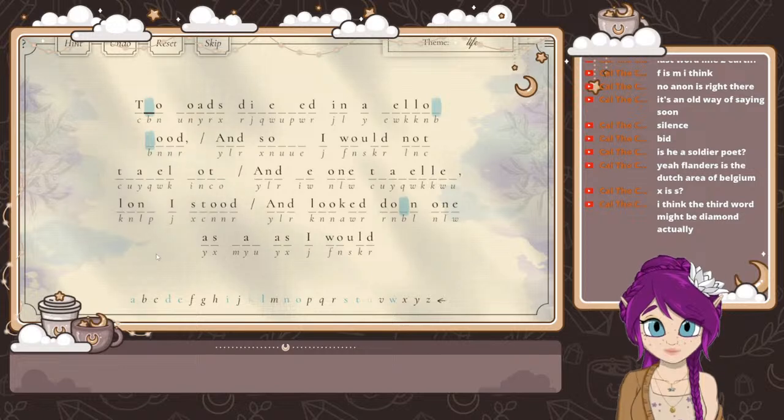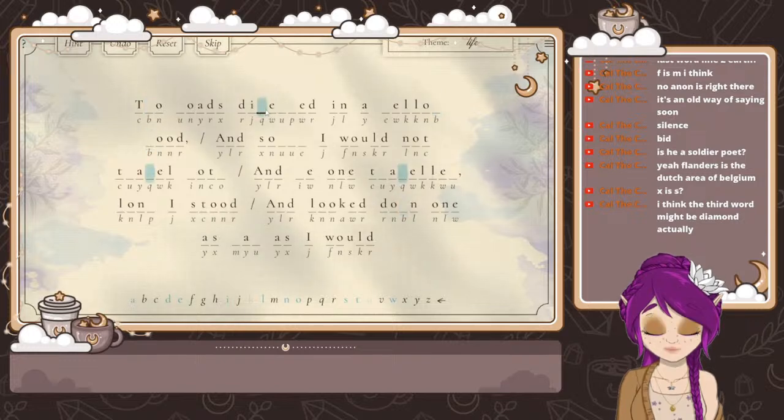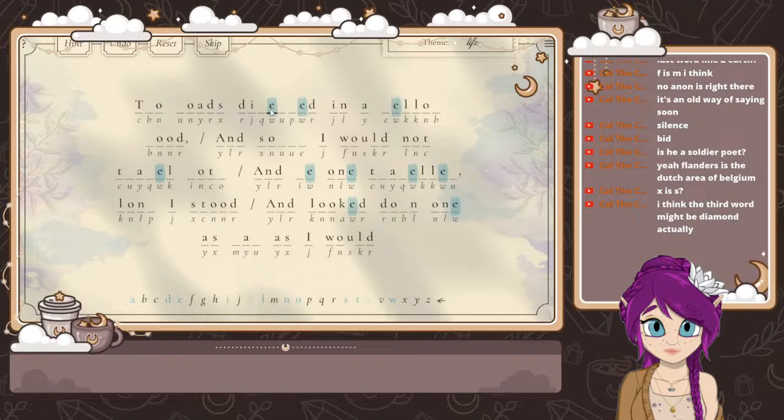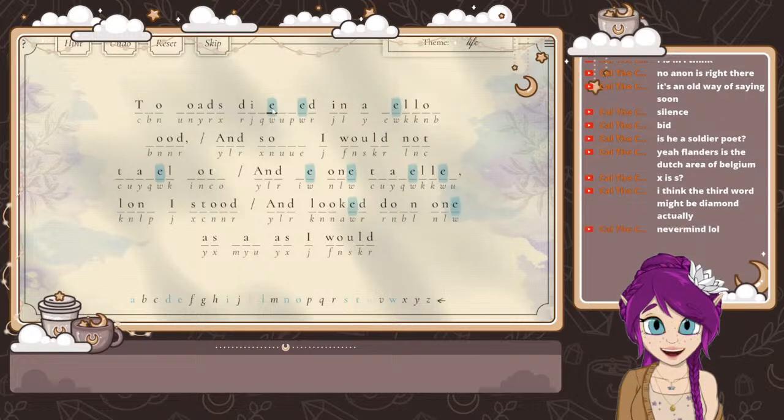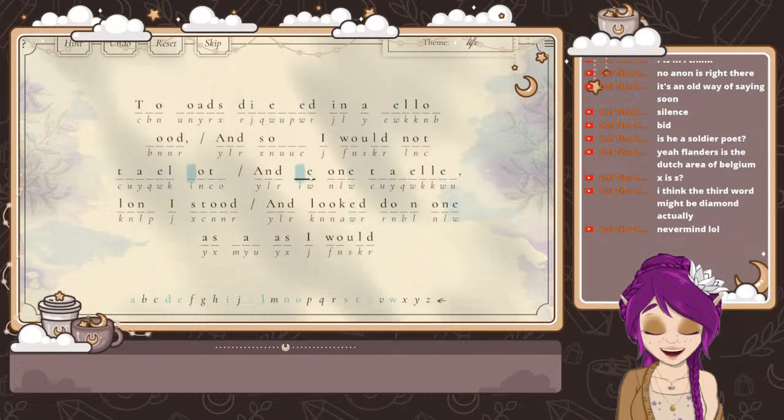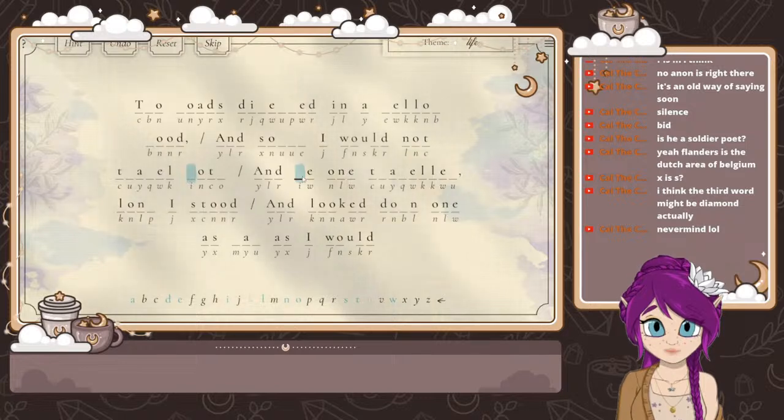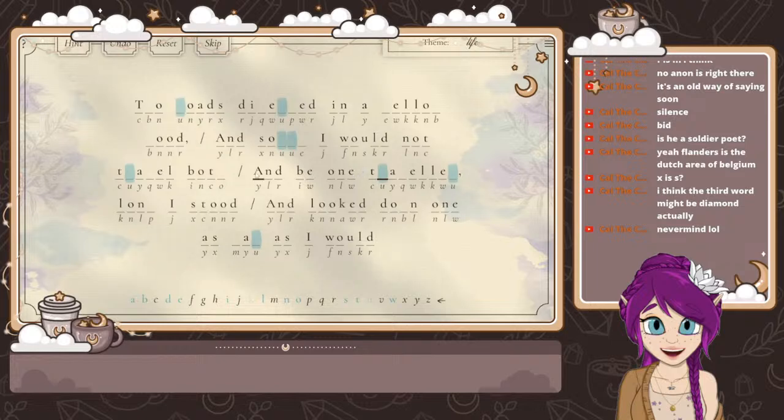Diamond. Yeah, this one doubles, so I don't think it would work with an M. Me and me? No. And me one? Yeah, no. And B one? In B one? We could do B. And B one. And looked.